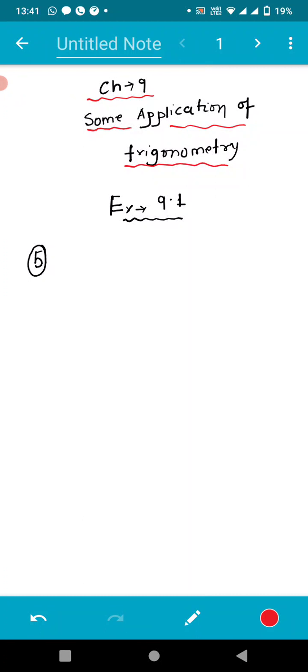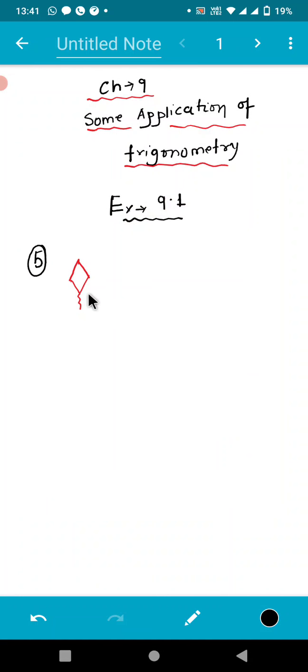A kite is flying at a height of 60 meter above the ground. Now let us assume that this is a kite, and this kite is 60 meter above the ground. That is, the height is given, and we know that height we always take as a perpendicular to the ground. Fine.